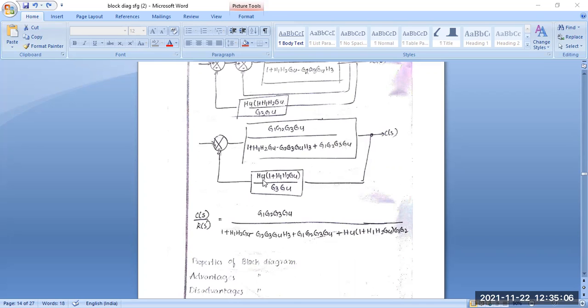Here you can see that is H4 into 1 plus H1, H2, G4, and these G1, G2, G3, G4 are cancelling this one and this one. Only G1, G2 is present here, so that's why we have written G1, G2. Okay, so is this clear, all of you? This is the complete transfer function of the given problem. Is it clear?